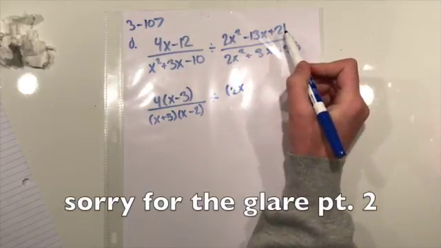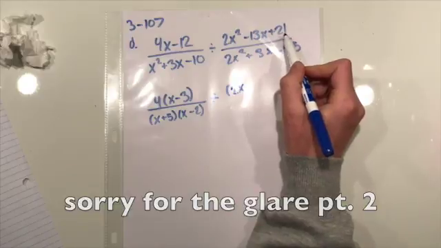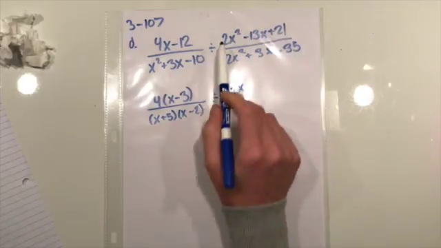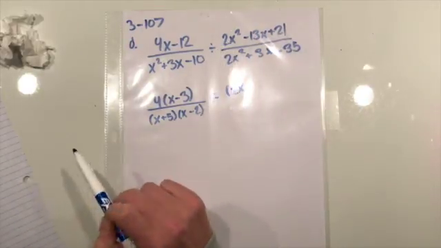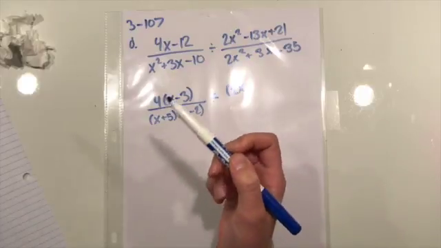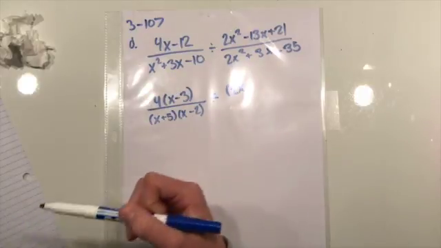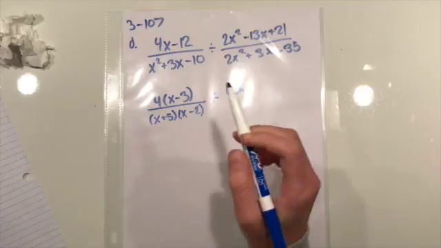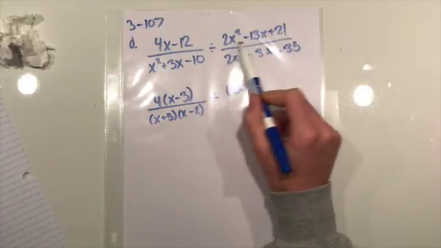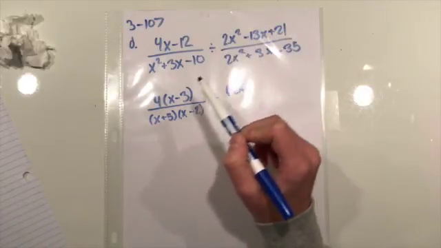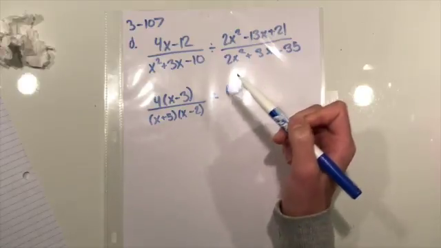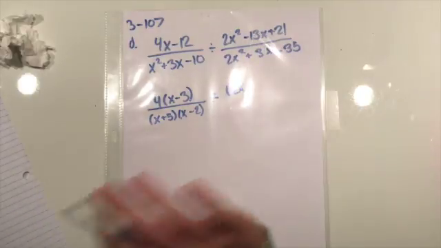We need something that multiplies to 7 and adds to 13, keeping in mind the 2 here. I thought about it: 2x minus 7 times x minus 3. The x minus 3 multiplies by 2 to give 6, and 7 plus 6 is 13.